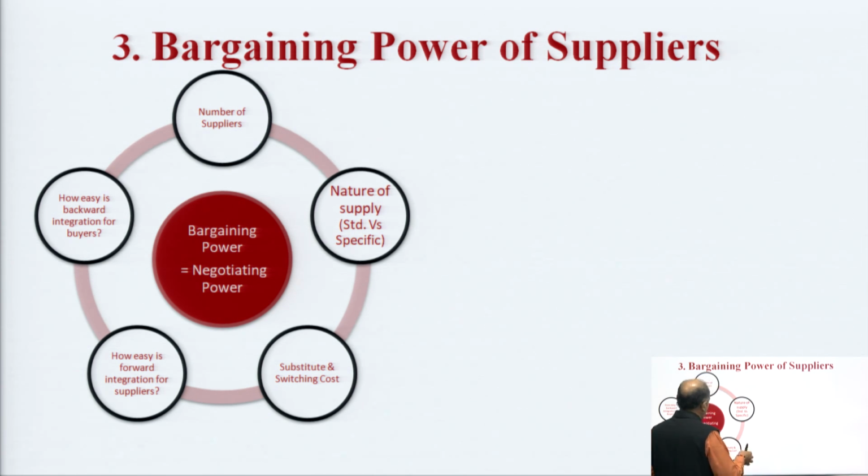I just want to highlight one thing here: how switching cost and substitute availability affect the bargaining power of the supplier.